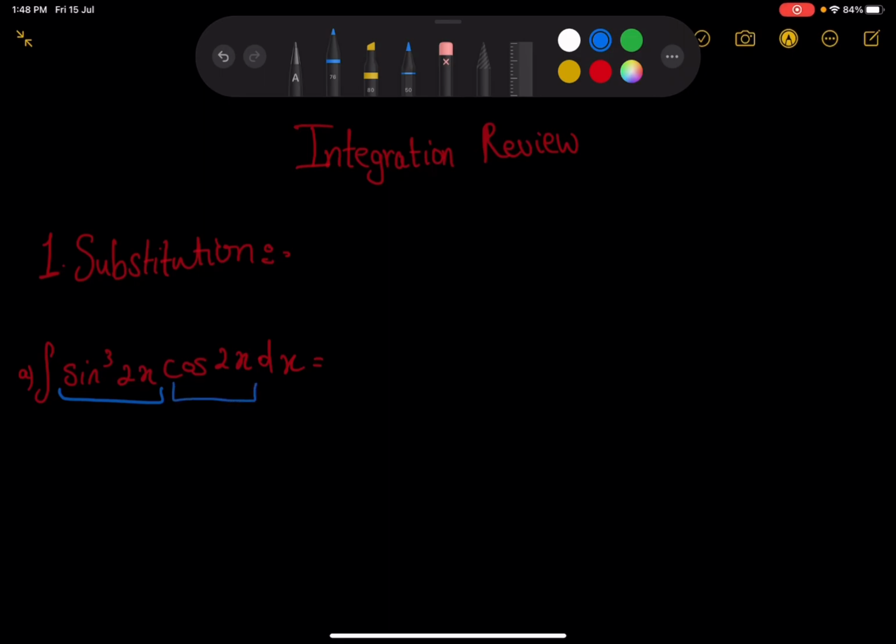That's why we're going to take this term as our u. So I'm going to say that u equals sine 2x, and after choosing the term that is going to be u, we need to find du.